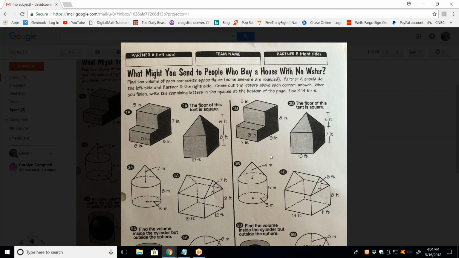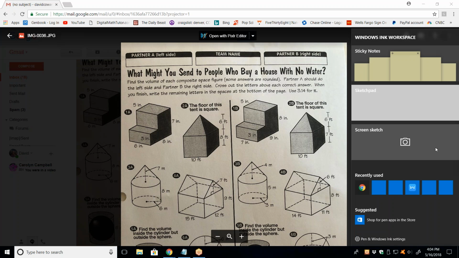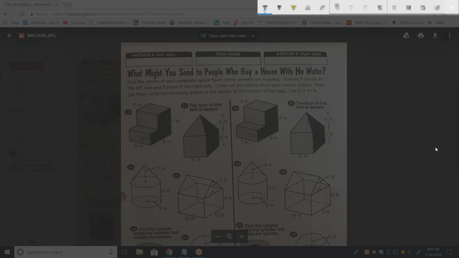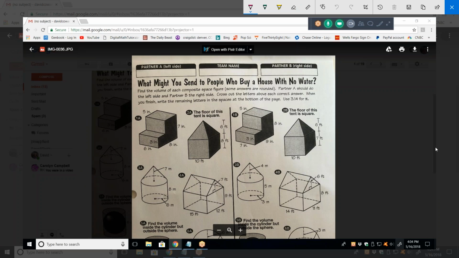Okay. So, if we look at 1A, we can break this up into two solid rectangular blocks. There's one of them.